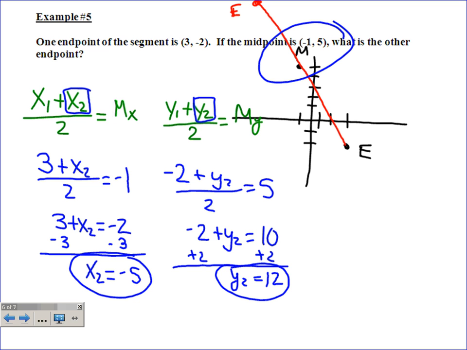I got y2 equals 4. Wait, where'd you get the 10 from? Did you multiply both sides by 2? If you multiply both sides by 2 to get rid of that, you get the 10. And then you have to add 2 to both sides.